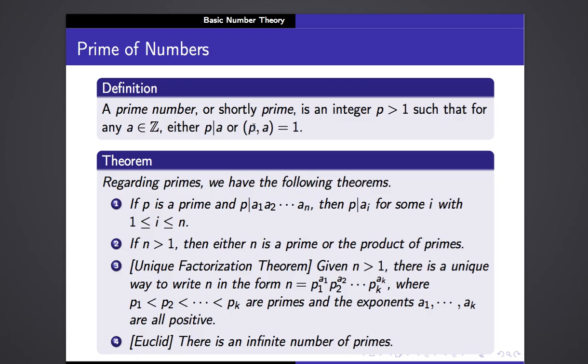What you remember as the definition of a prime number most likely is this: a prime number is a number that has 1 and itself as the only divisors. That's the definition you remember, right?